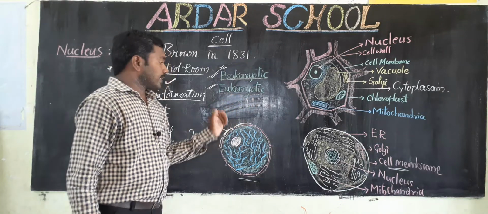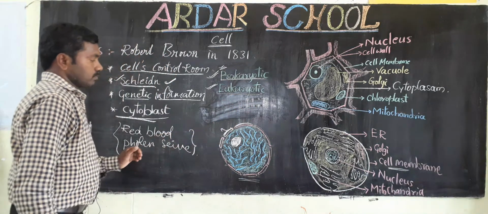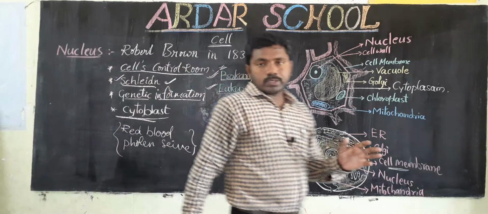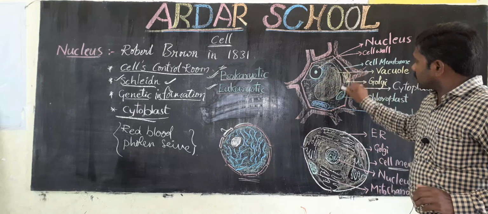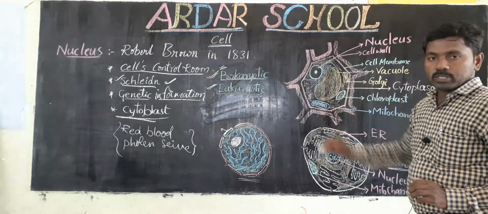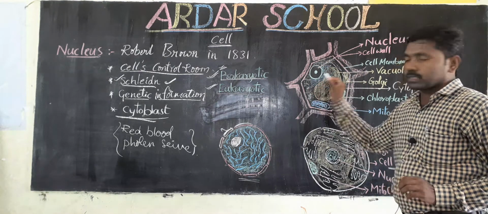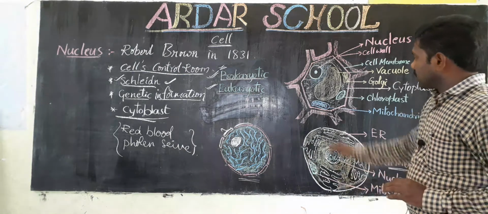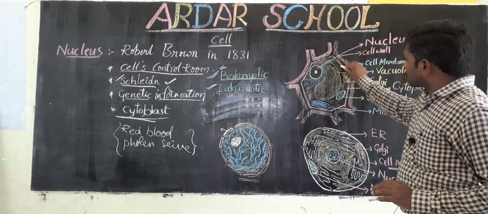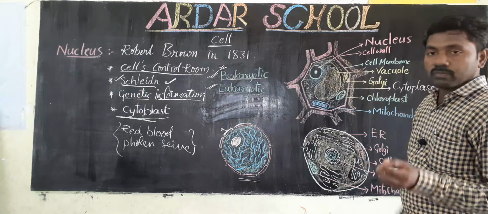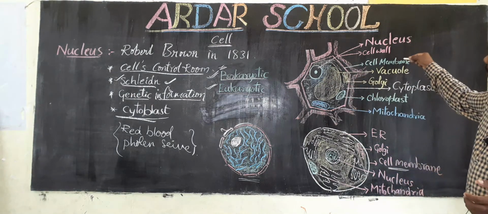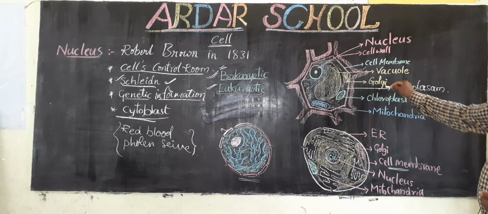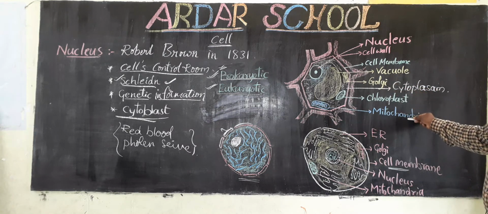Okay, children. Next one, cytoplasm. Here you can observe the cytoplasm. It is a fluid-like structure. Inside the cytoplasm, many organelles are floating, like the nucleus, vacuole, Golgi bodies, chloroplast, mitochondria.